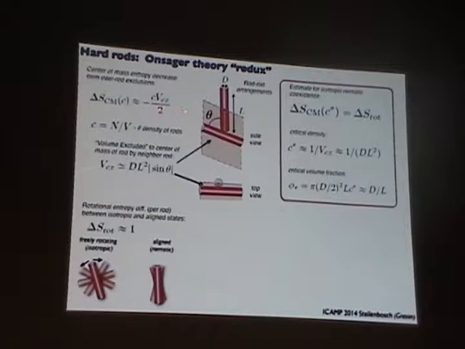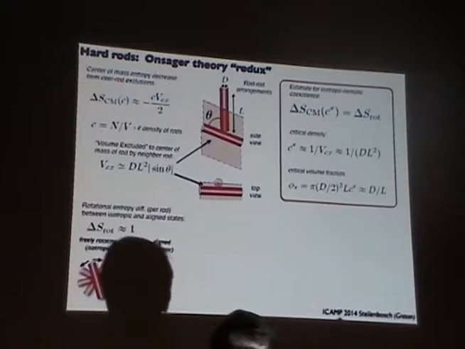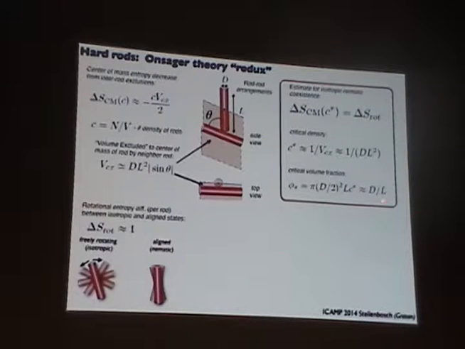You can very easily take these two expressions, set them equal to one another, and you find there's a critical density that goes as 1 over d L squared. If you multiply that critical number density of rods by the volume per rod, d squared times L, you get a critical volume fraction. This is the fraction occupied by these hard cores, and this very famously goes as d over L.